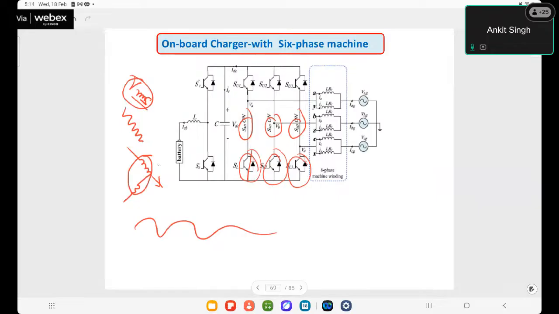So the total charging cost will increase, and the overall charger size may increase.